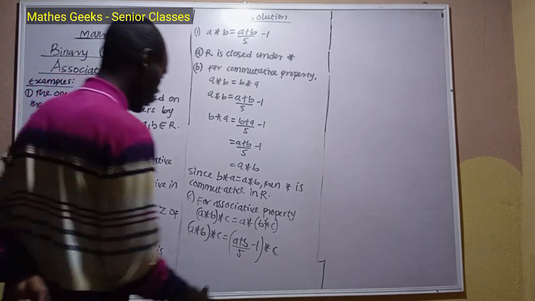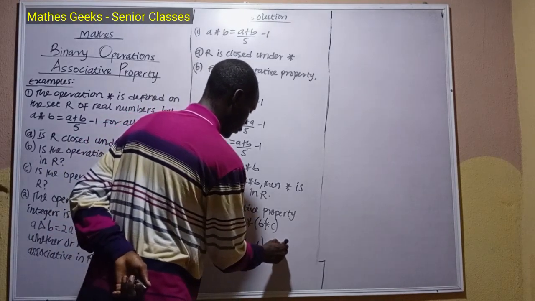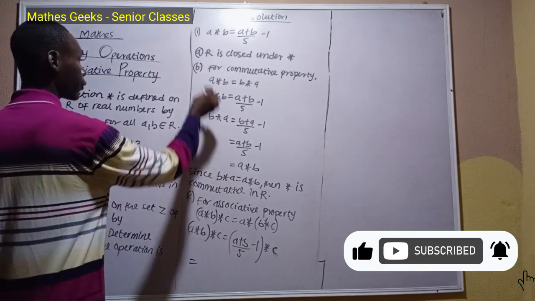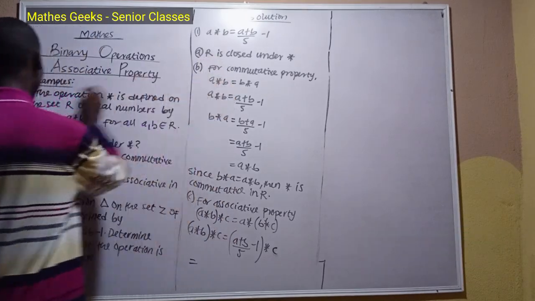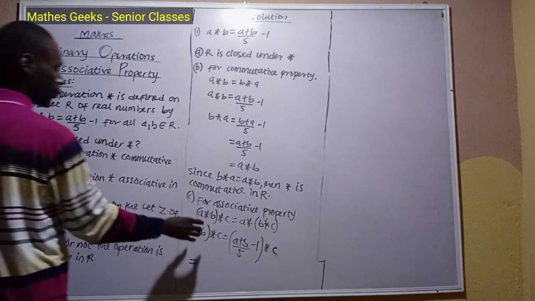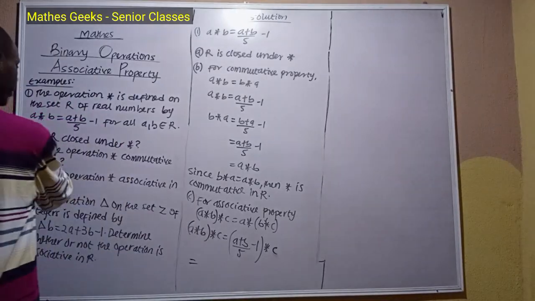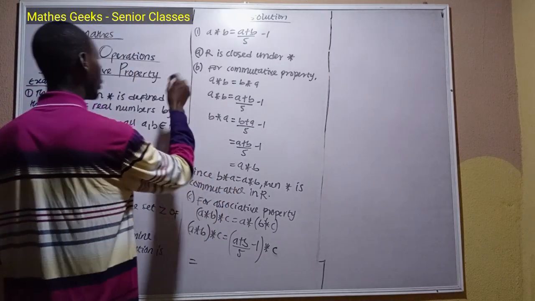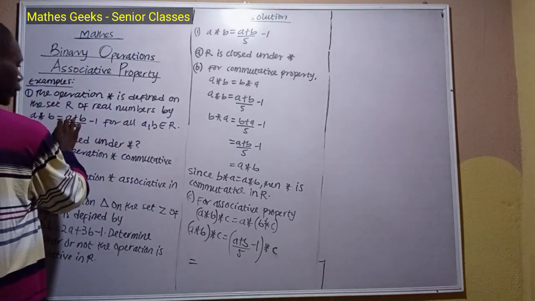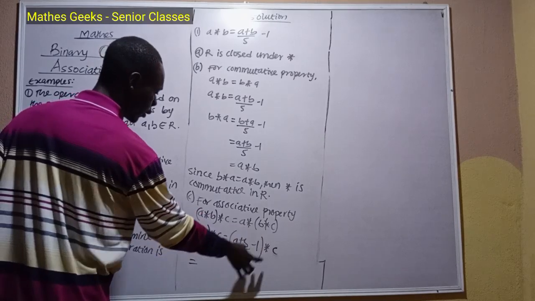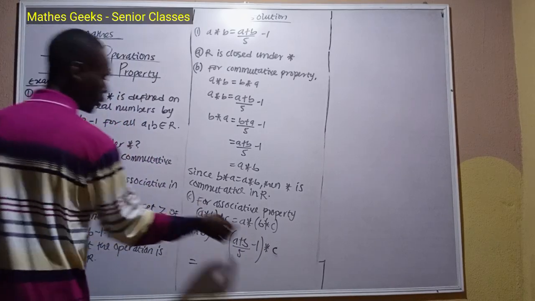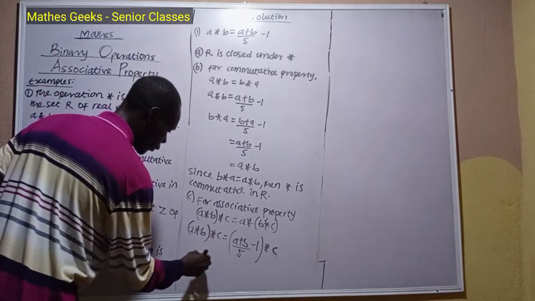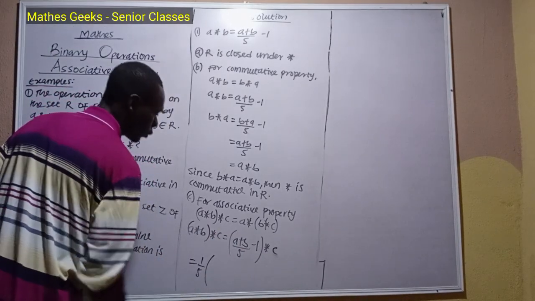If you compare this to the relation that we're given, which is A star B, then A star B here is A and C is B here. So in this relation, A plus B is divided by 5, so that will be 1 over 5 over bracket.